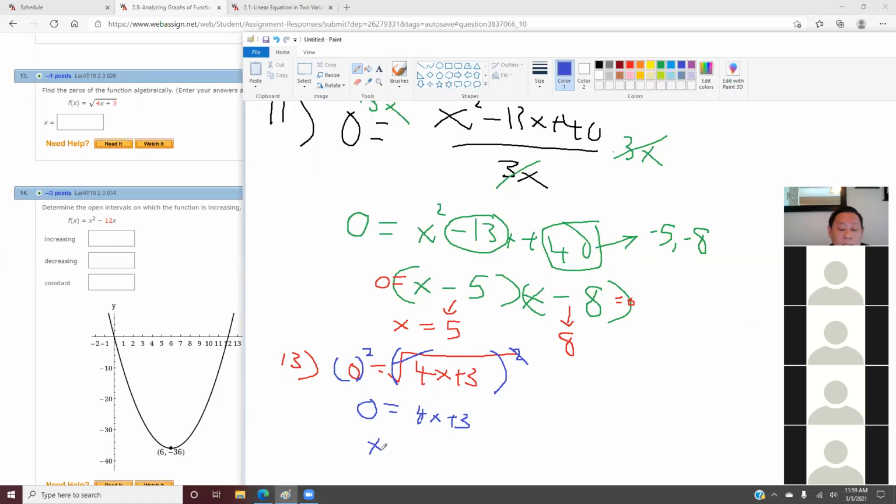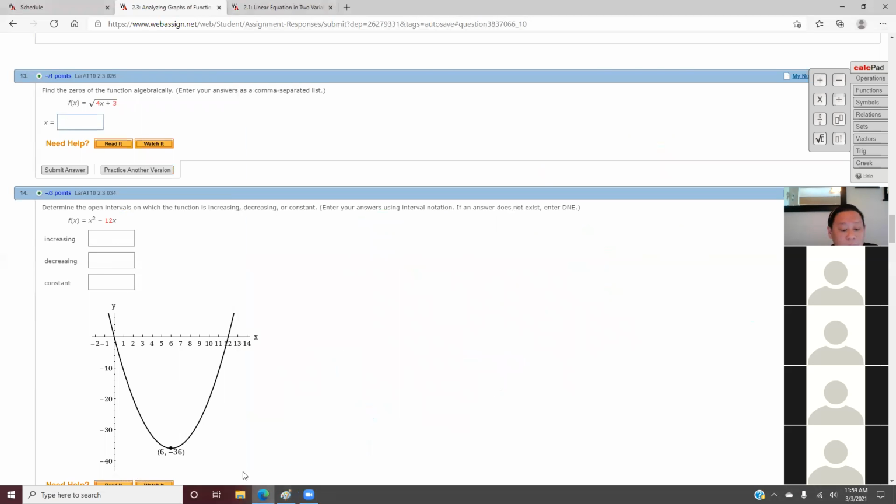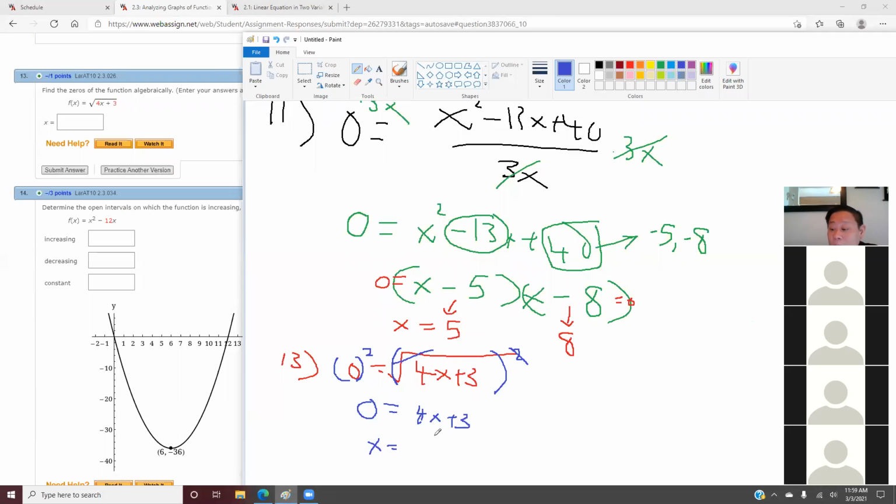So anyone know what's the answer here for question 13? You know how to solve this one, right? What do you get? Negative 3 over 4, right?